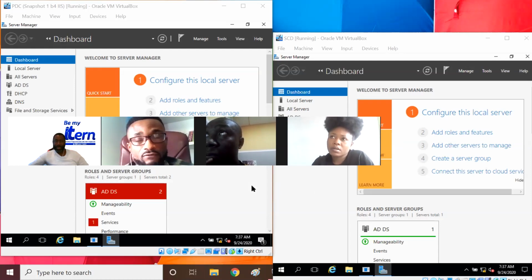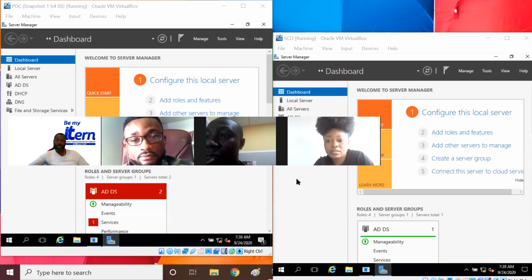I would say it's to connect to other computers, usually to connect with other machines. Okay. So what's the importance of IP addressing in networking?